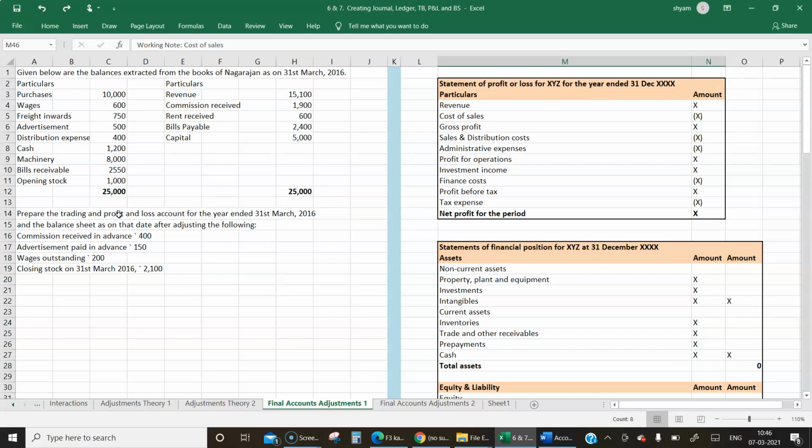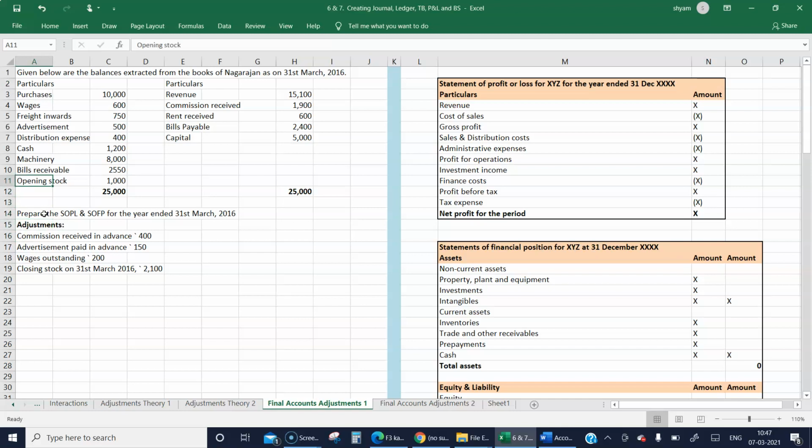So prepare the trading and SOPL. Okay, so we can't say prepare trading. We'll put it as prepare SOPL, and SOFP, for the year ended 31st March.